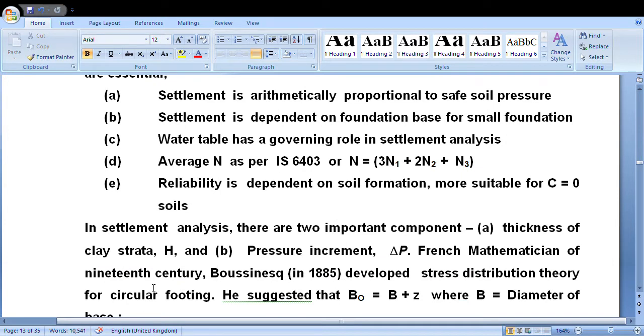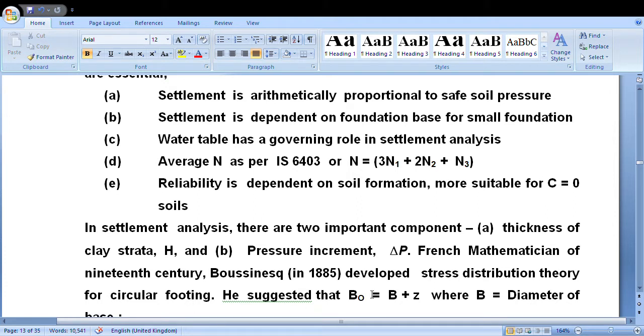In settlement analysis, there are two important components: the thickness of the compressible strata and the pressure increment. For calculating the pressure increment, we use the French mathematician Boussinesq's equation of stress distribution theory for a circular foundation.